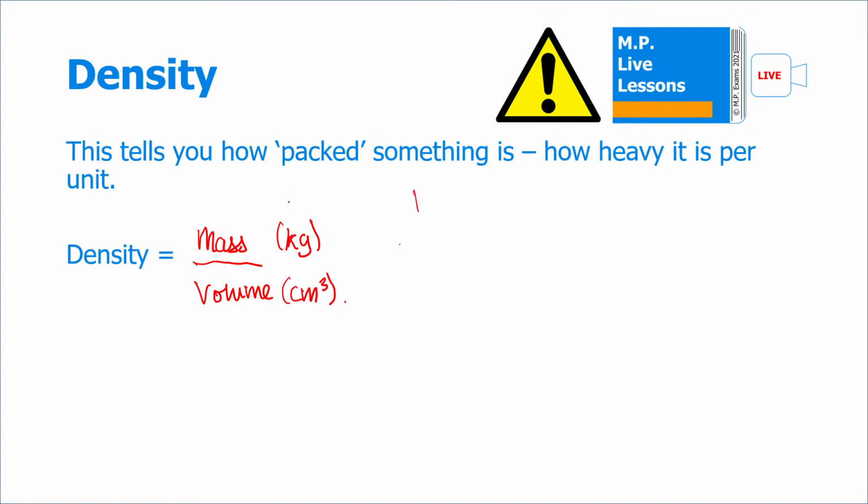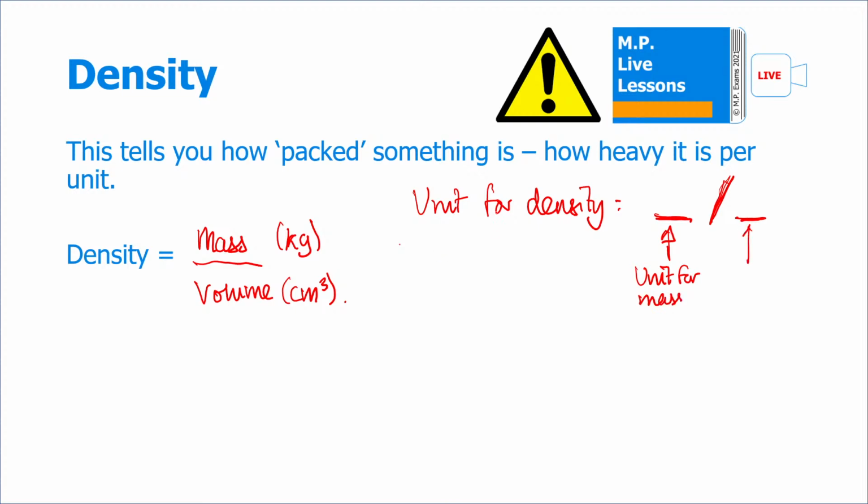But for the unit for density, you'll have your unit for mass, and you'll have a forward slash sign. This shows it's dividing, and then you'll have your unit of volume.